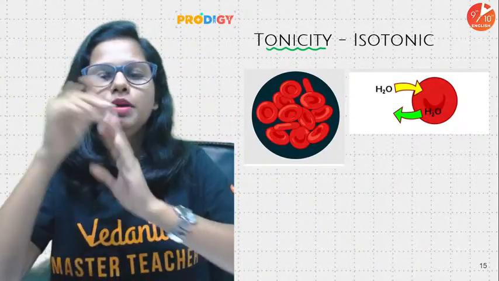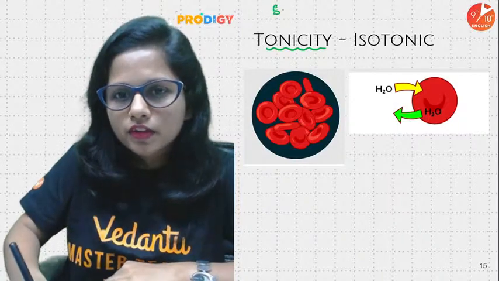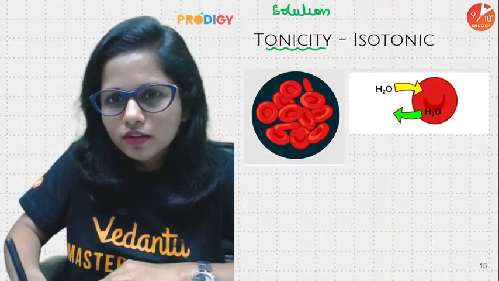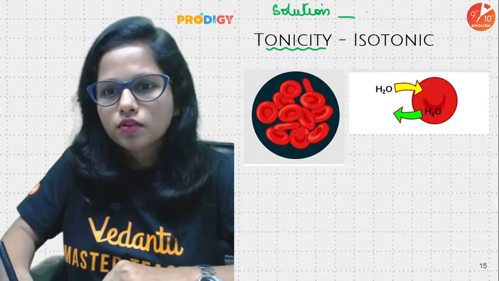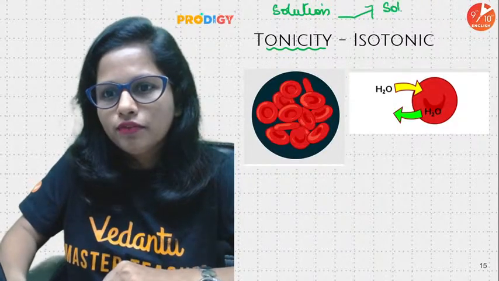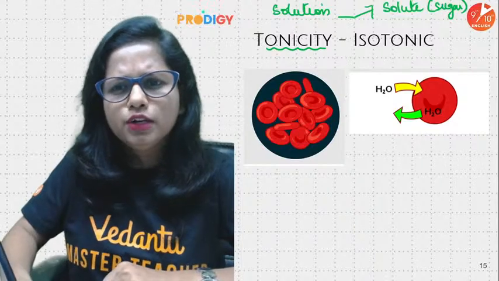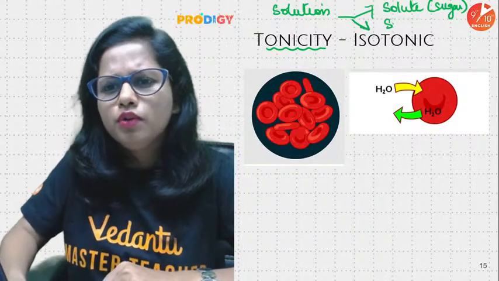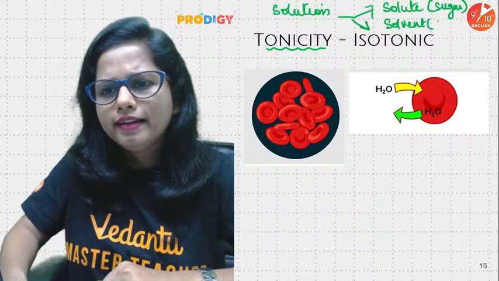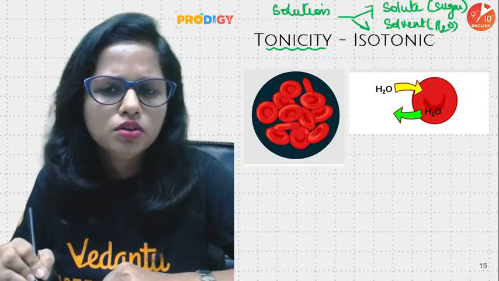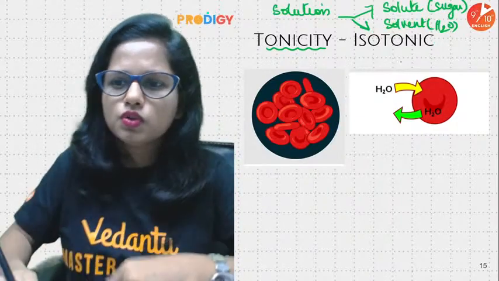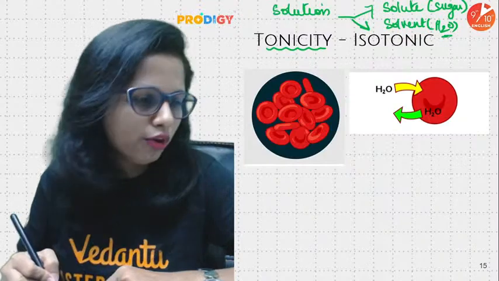Now people, every solution will have two things. One, it will have solute, for example sugar, and it will have solvent like water. So when we are talking about osmosis, we will consider water.